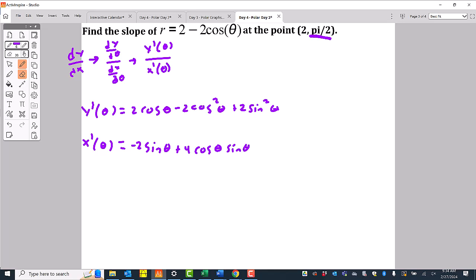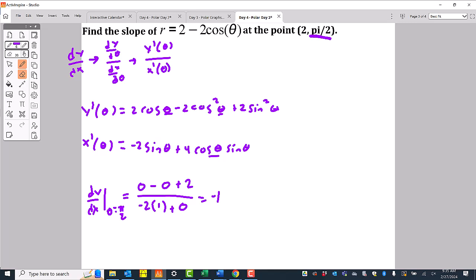And we want this when theta is pi over 2, so we can say dy over dx at theta equals pi over 2 is equal to y prime of pi over 2. Every time we plug pi over 2 into cosine, we're going to get 0. So that's going to be 0 minus 0 plus 2 times sine squared of pi over 2. Well, sine of pi over 2 is just 1, so that's 2. Over negative 2 times sine of pi over 2, which is just 1, plus, and there's another 0 right here. So we end up with negative 1.